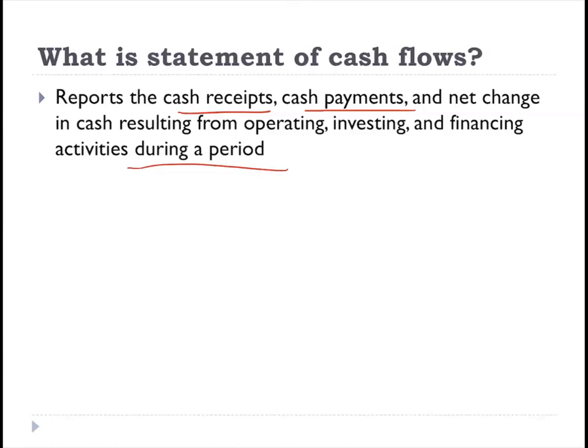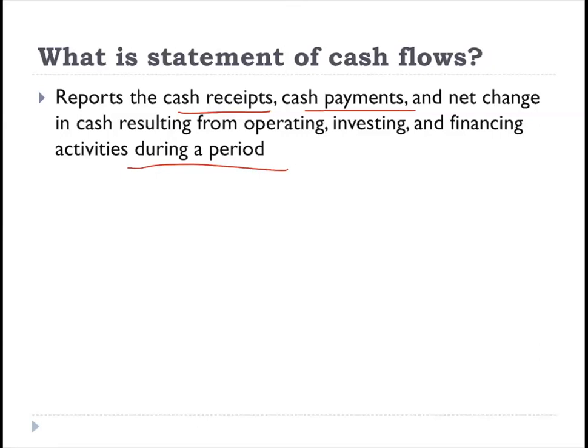Comparing it with the balance sheet, it is also different. On the balance sheet, if you remember, one important account we talked about before is cash and cash equivalents. The balance sheet discloses the firm's cash balance, for example, at the beginning of the year versus at the end of the year.